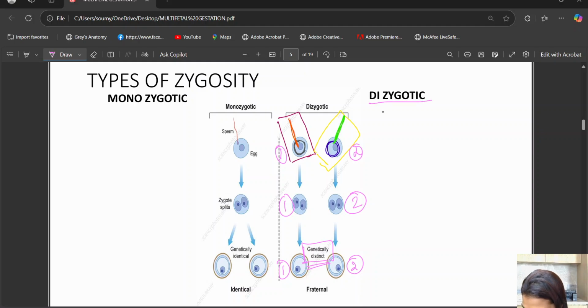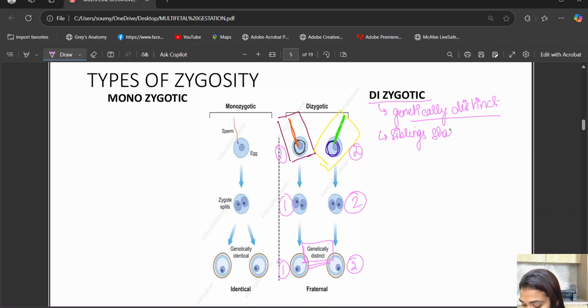So dizygotic twins are genetically distinct. They are like siblings who are simply sharing the uterus simultaneously at the same time.